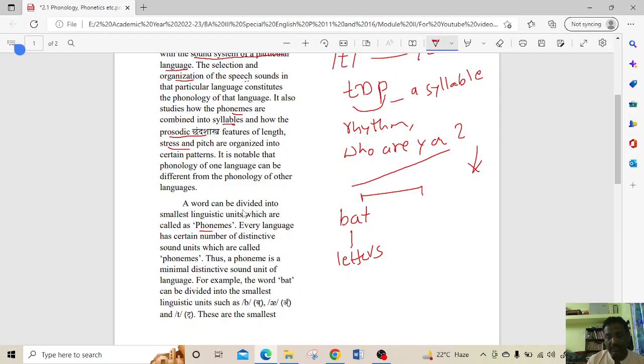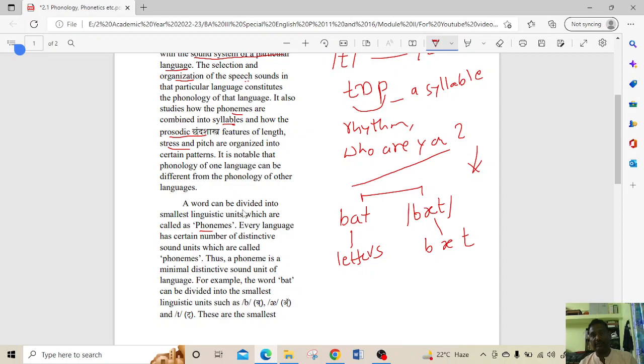And how this word is transcribed, that is bat. So here the b sound is represented by this b symbol, the a sound is represented by this symbol. This is called a phonetic symbol, and the t sound is represented by t. But the same combination of sounds, the word, is written with the help of these three letters.